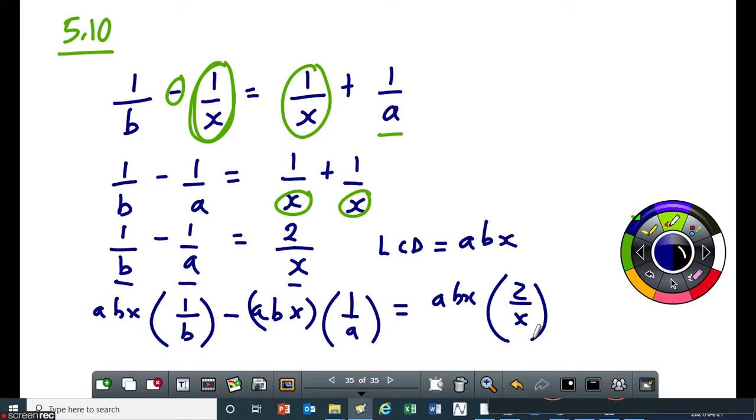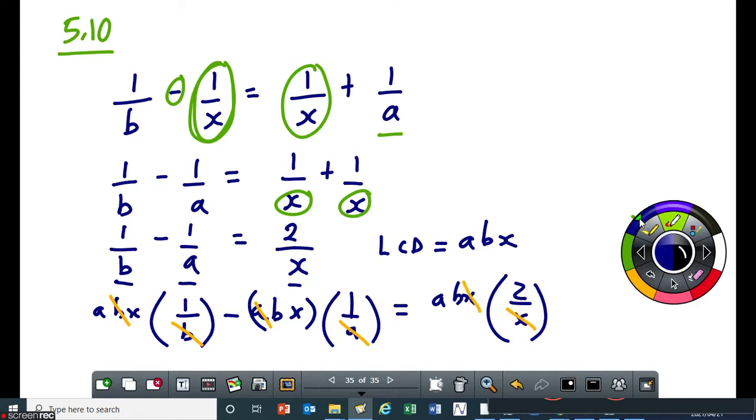Then the next step, which I'm going to do on the next page, is to cancel out some terms here. So this b cancels with that b, the a cancels with that a, and this x cancels with that x.